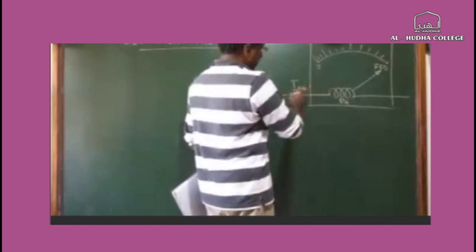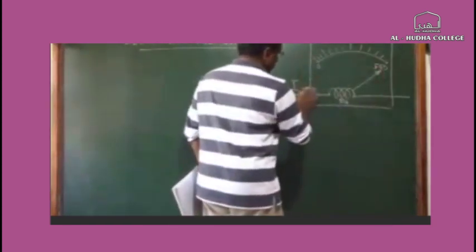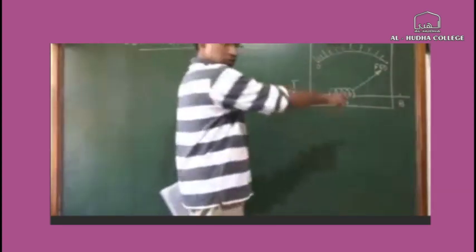So at the full scale deflection, now we know that this coil has a resistance, right? So it just acts as a resistor, and when you apply a current, say I, a voltage is generated between the terminals according to Ohm's law.